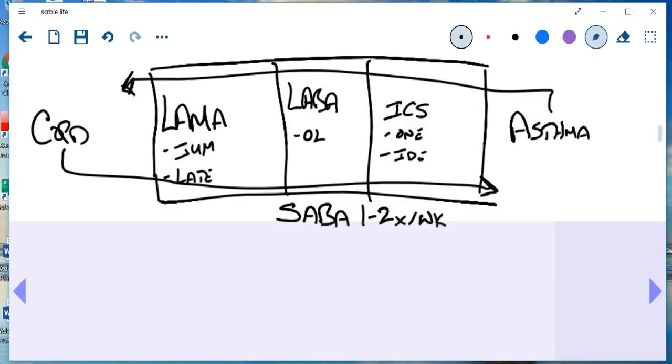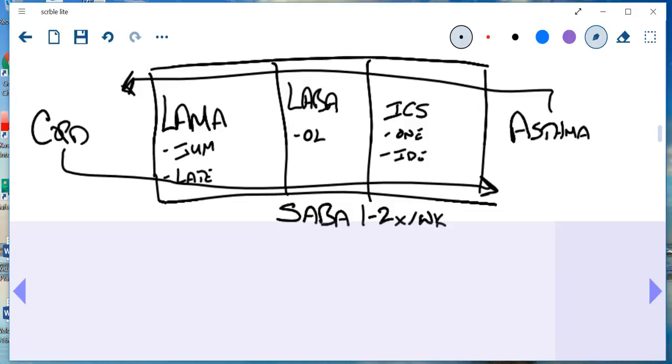Same thing holds true for COPD. Since we start off with the anticholinergics or the LAMAs, and oftentimes we then have to step up and add the LABA, drug companies aren't stupid. They've come out with medications that have both of them in there. To go along with the Breo Ellipta for asthma, there's the Anoro Ellipta for COPD, which is umeclidinium, we talked about the IUM, along with vilanterol.